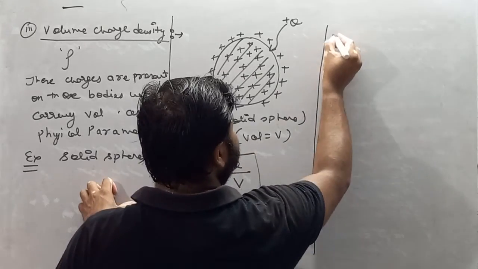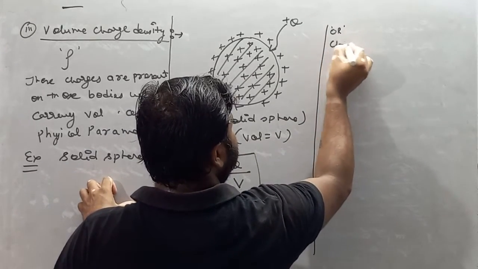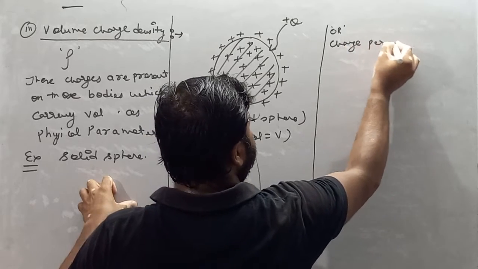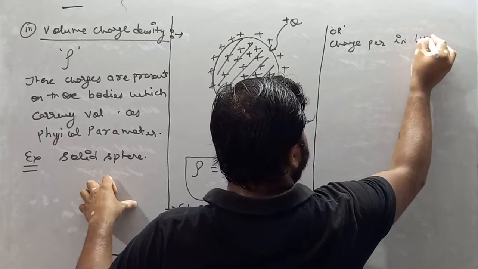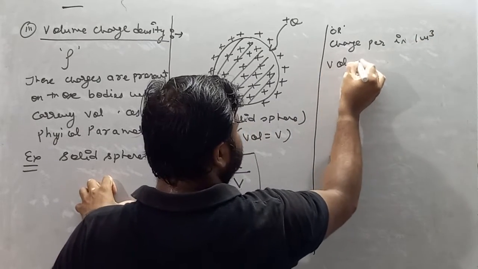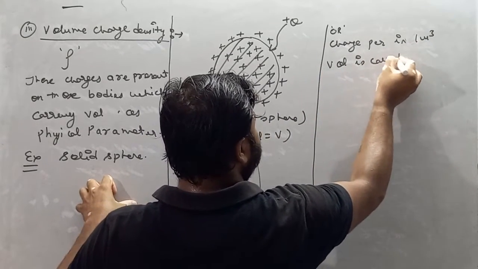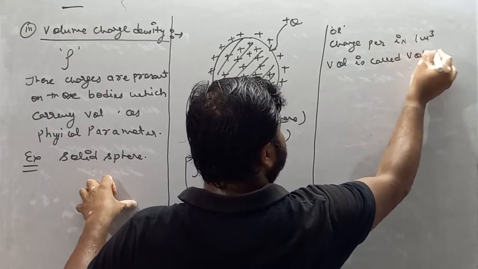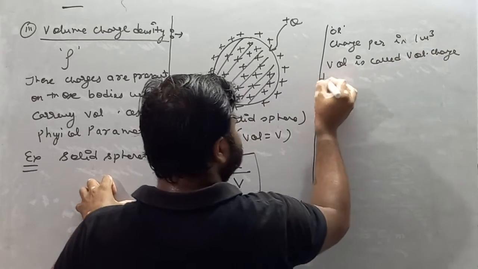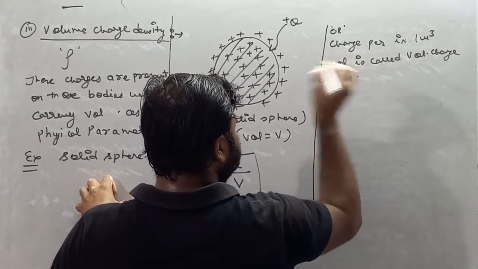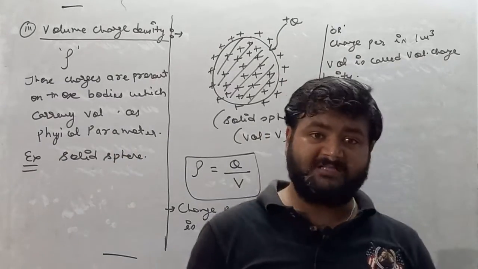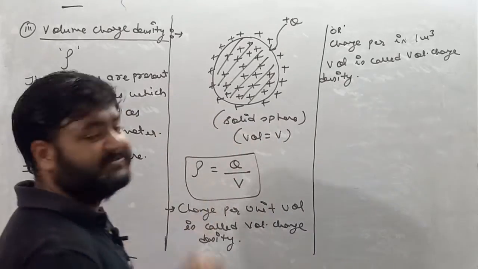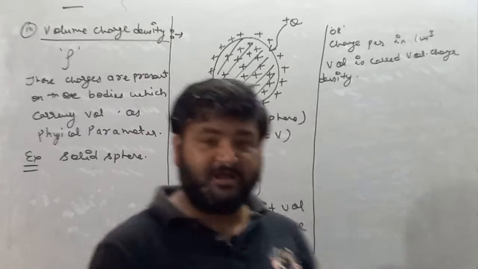So also we'll write, or, charge present in 1 meter cube volume is called volume charge density.